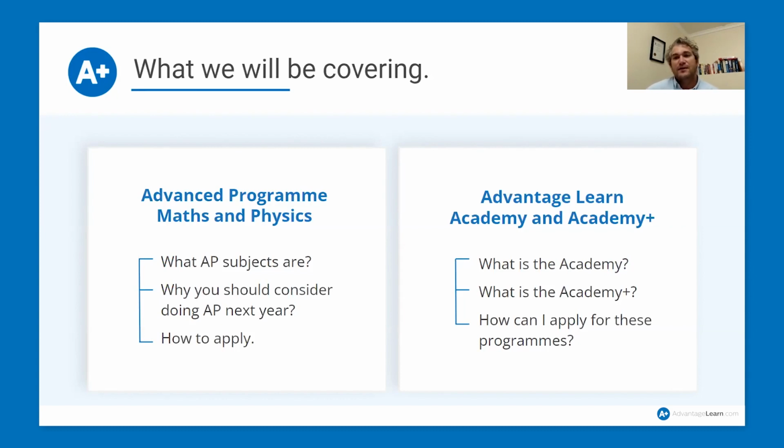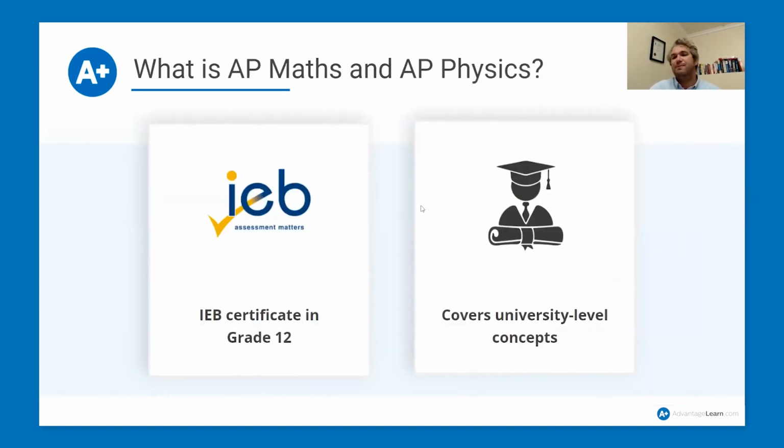In the second half of the presentation, I'll talk about our academy and our Academy Plus and what that is all about. Without further ado, let me get started on what AP Maths and AP Physics are. I must mention, everybody, that I'm here this evening to help you with any information related to these programs.